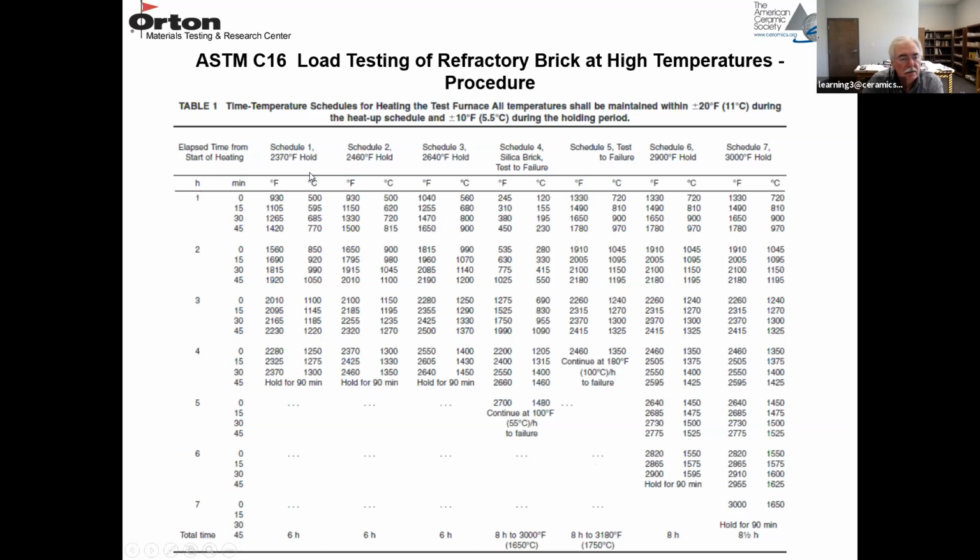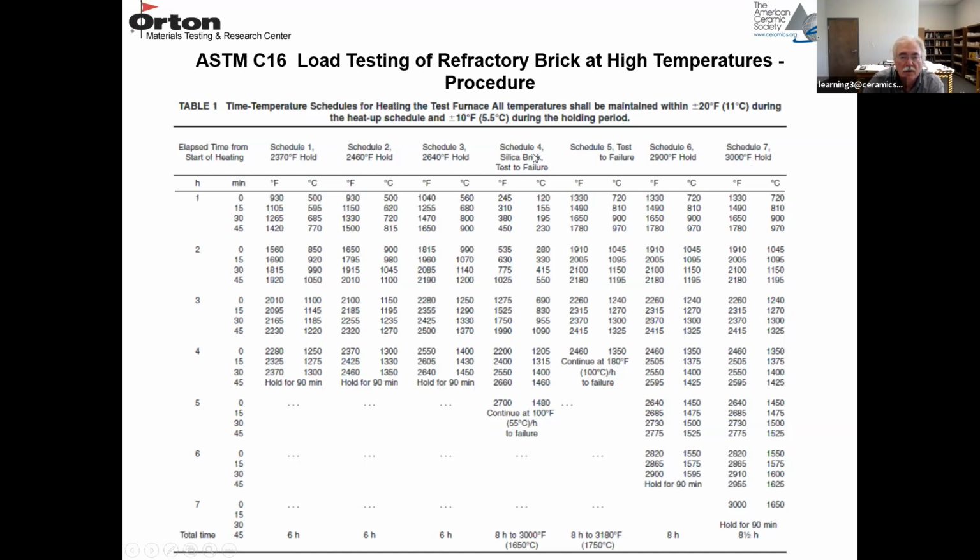And the maximum hold temperature is shown here. This one is probably a medium duty fire clay, 2370. This is 2460. 2640 might be a super duty fire clay, and 2900 might be a high alumina. Same thing with 3000 degrees F. Schedules 4 and 5 are called tests of failure. So you just keep running the temperature up until you actually observe failure and then record that temperature.